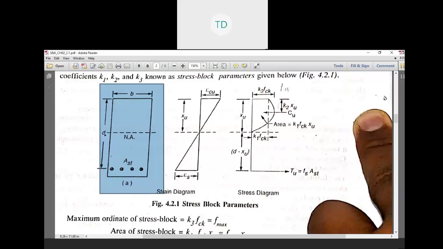Small d is the depth of a beam from the top of the beam to the middle of the reinforcement, and the whole depth is considered as capital D. B is the width. Here, Ast is the area of reinforcement, and NA is the neutral axis, which passes through all these. This is the strain diagram.